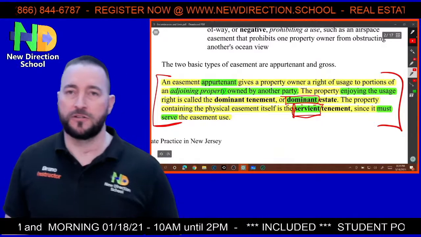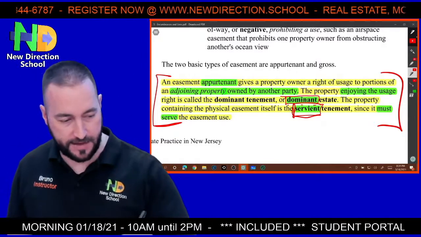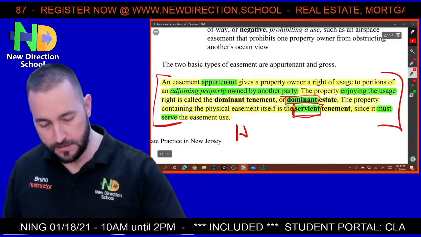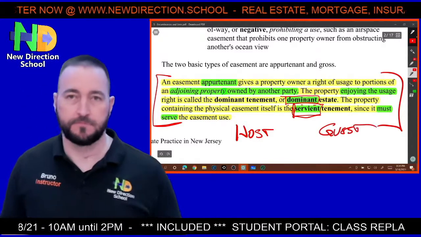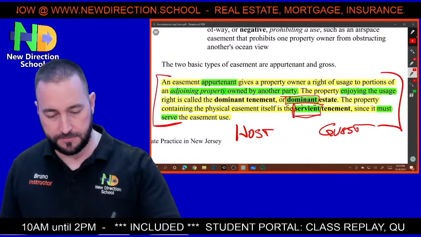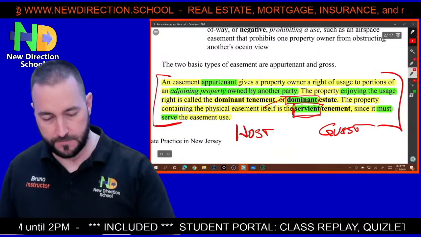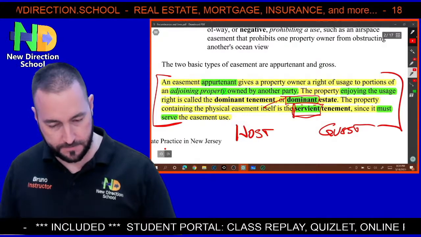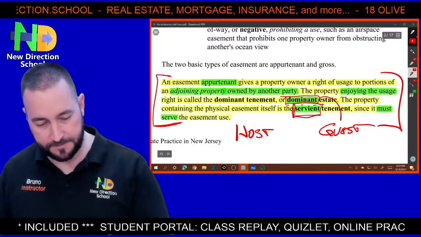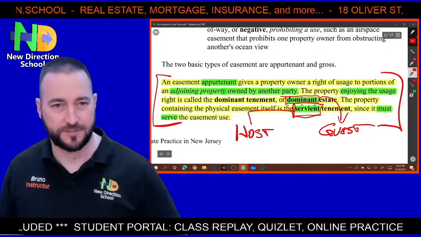So the way I look at it is we have the host and we have the guest. Okay? The dominant, sorry, no. Nope, the dominant is the guest. The servient is the host.